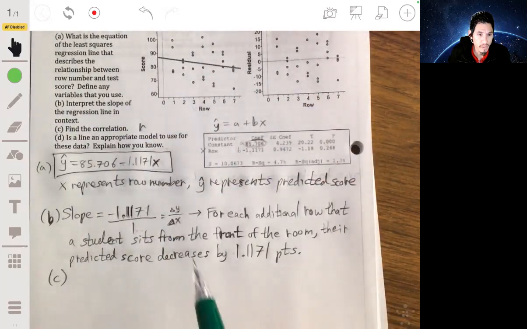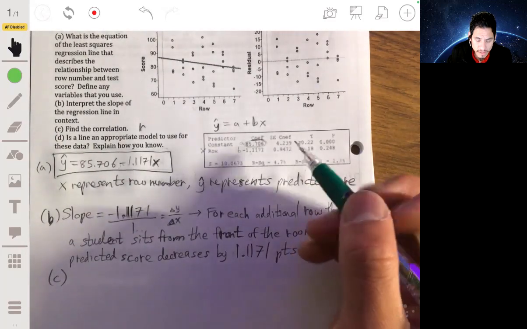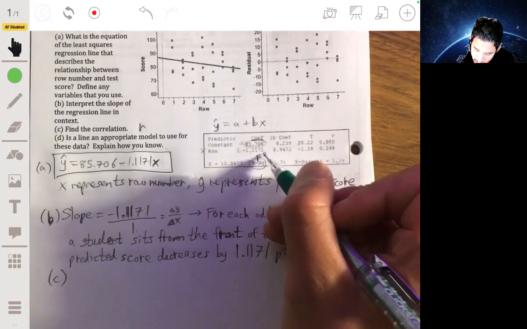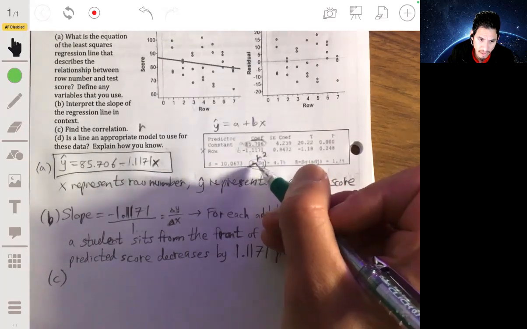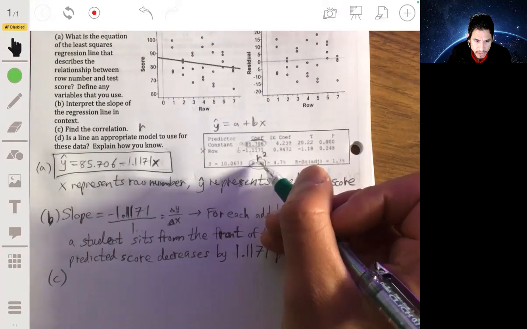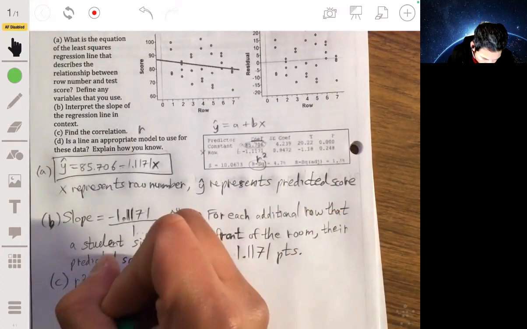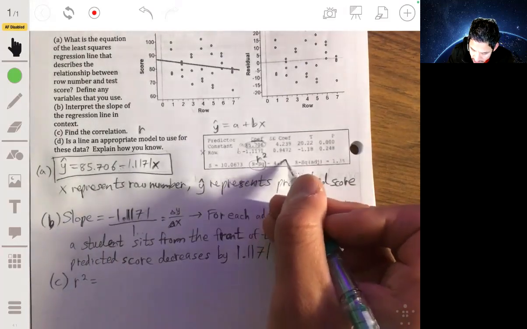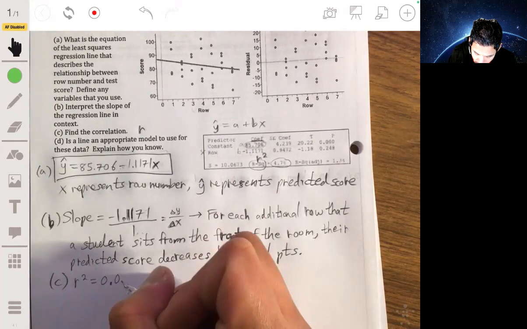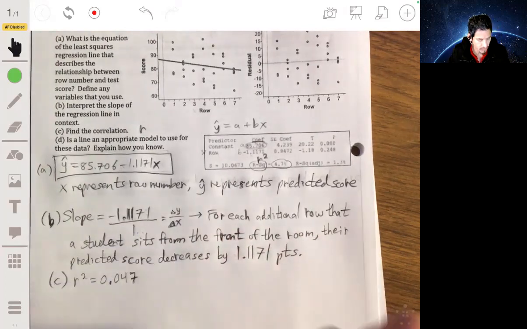Now, we're not given R, but we are given R squared, written as a capital R squared. That's just the notation. R squared is 4.7%. It's written as a percent, so as a decimal, it's 0.047.